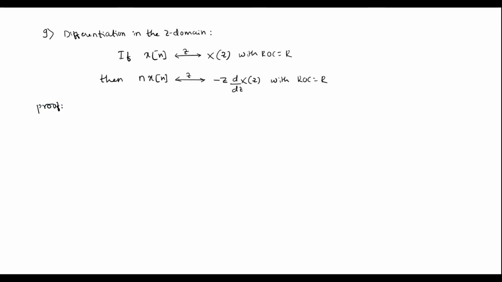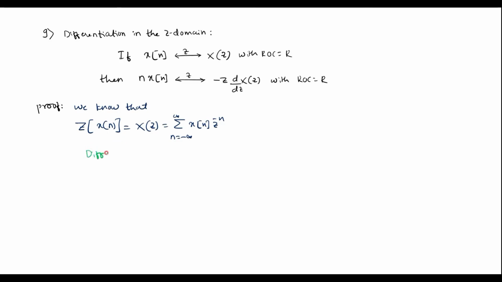Proof. We know that the z transform of any discrete signal x of n is x of z, which is nothing but summation n varies from minus infinity to infinity x of n z power minus n.